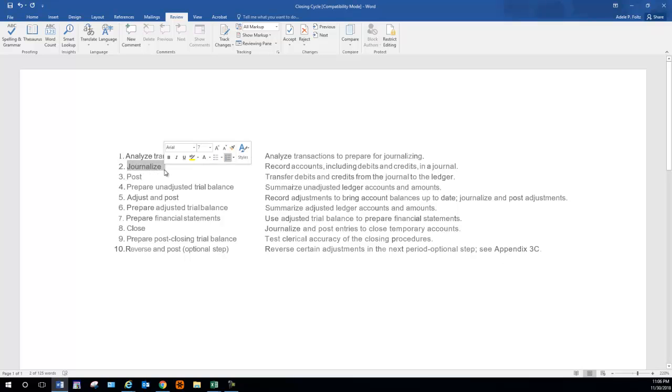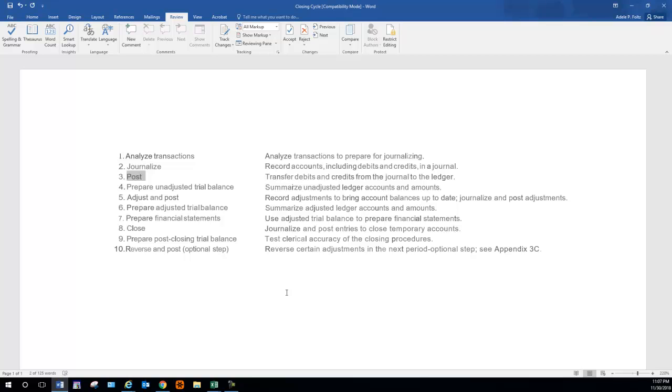That's called journalizing. That's where in your general journal, as you did in Part A, you recorded each one of the transactions with the appropriate debits and credits. And then also in Part A, you posted from your general journal into the general ledger accounts. That's where you transferred each debit and credit in your journal to the appropriate general ledger account.